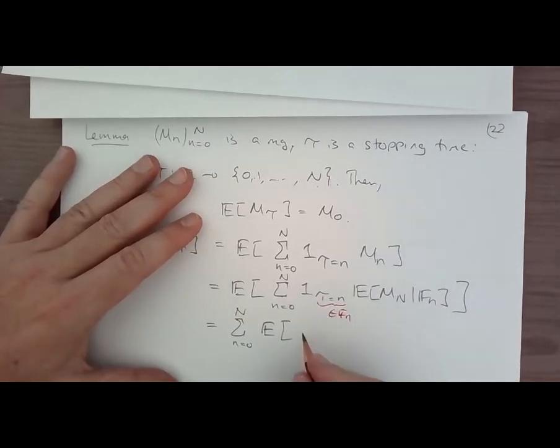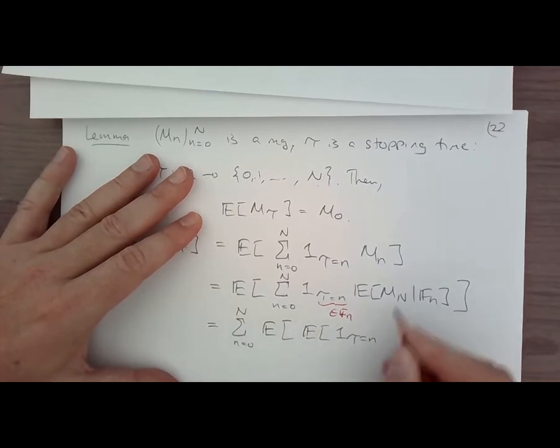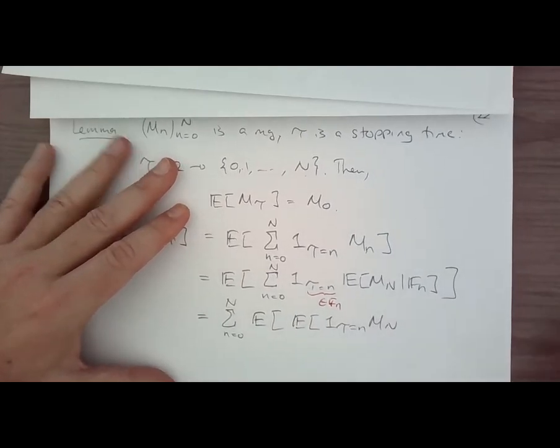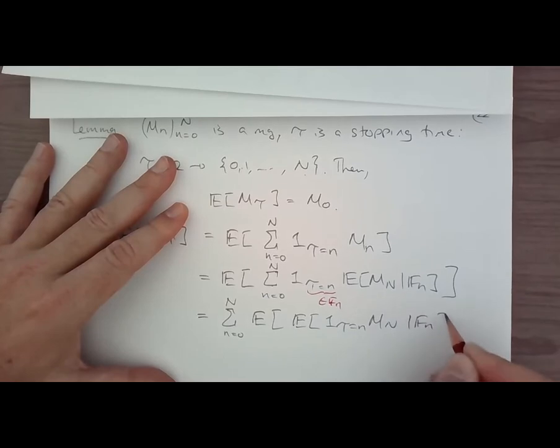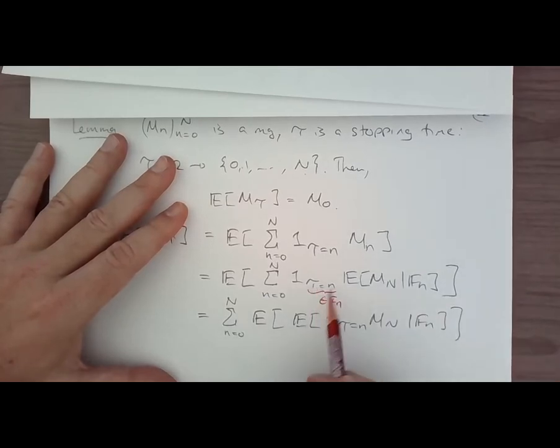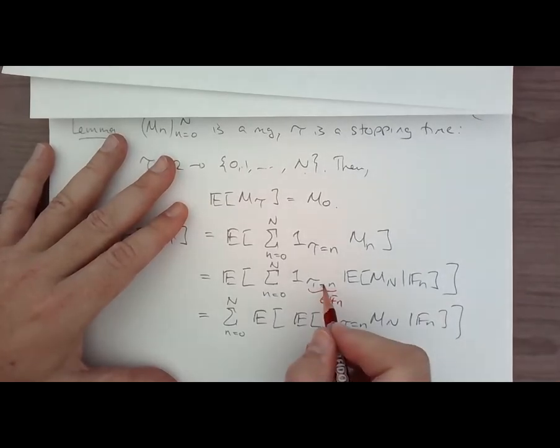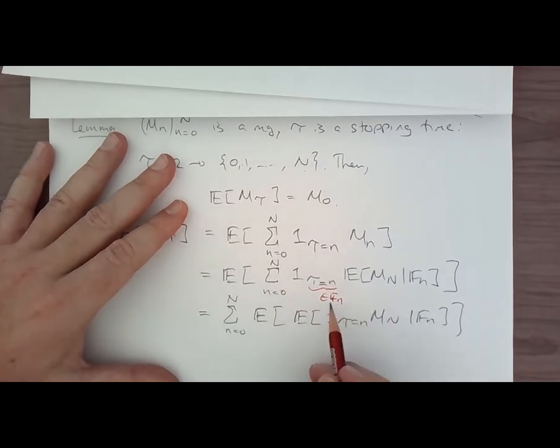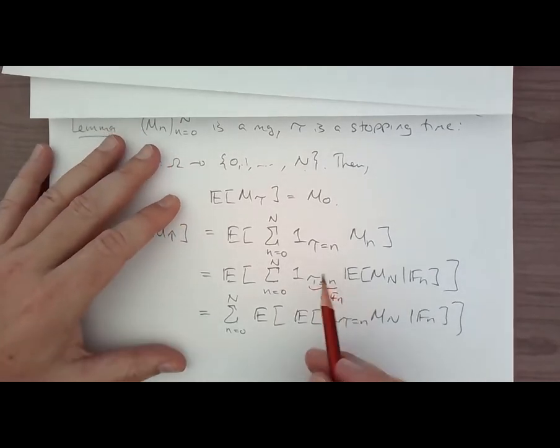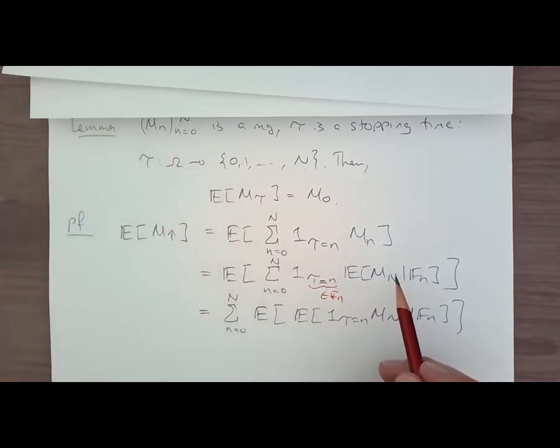So I'll have the conditional expectation of the indicator of tau equal to n times M_N.